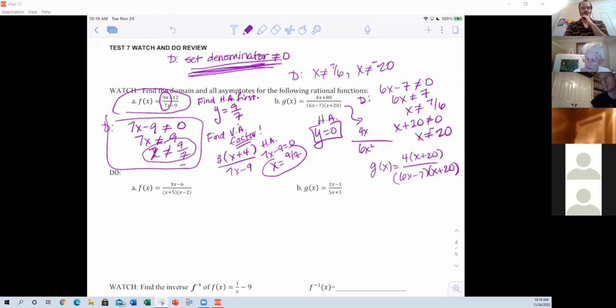We're going to cancel out the x plus 20. That means that there would be a hole at -20, but not an asymptote. So where's the only asymptote? It's going to be x equals 7/6. That's right. So if something cancels out, that's not going to be a vertical asymptote, but it will still not be included in the domain.